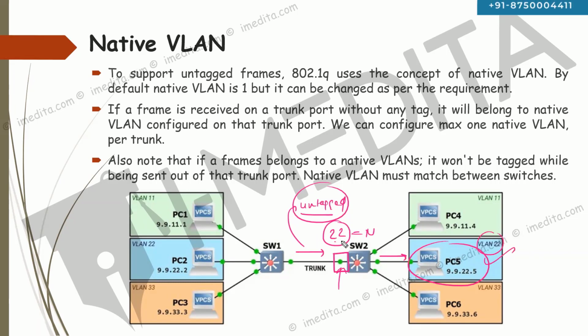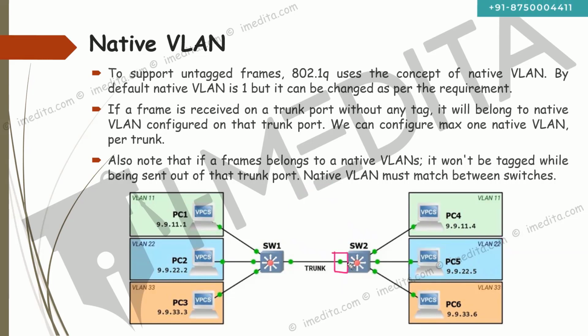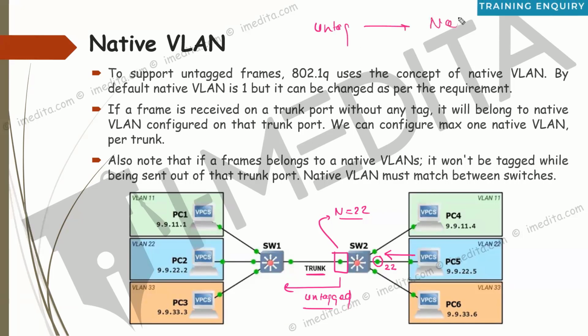And also, let's say I have configured VLAN 22 as the native VLAN. So when the data arrives from the LAN side onto this port, the port belongs to VLAN 22. When the data is forwarded out of that trunk port, the data is not going to be tagged either. So an untagged frame belongs to the native VLAN, and if the data belongs to the native VLAN, data will not be tagged as well.